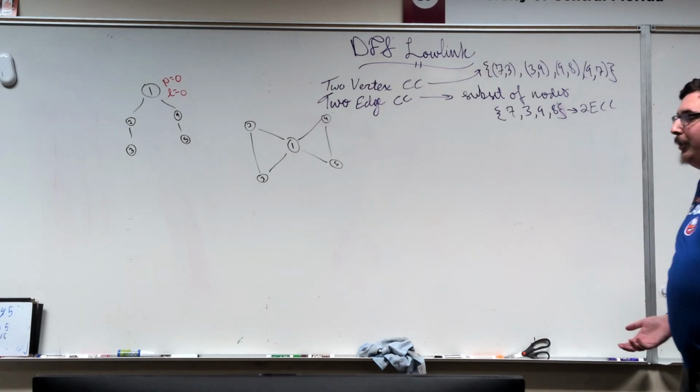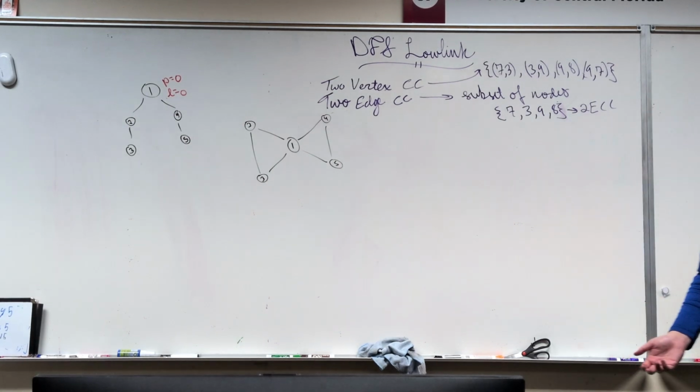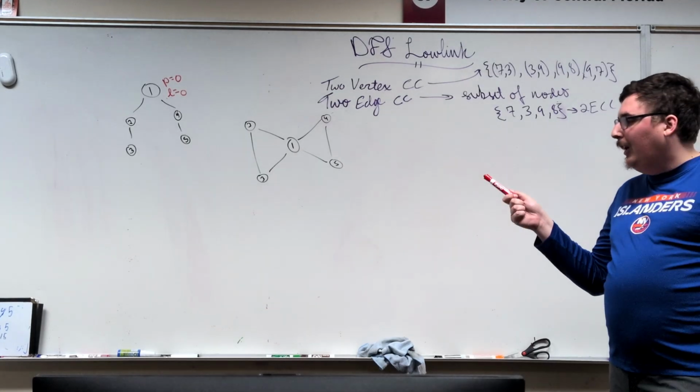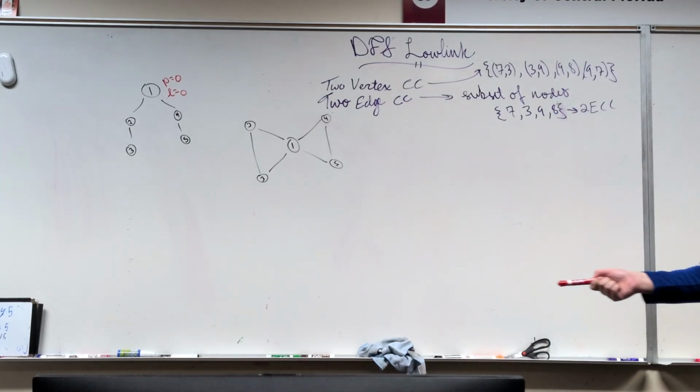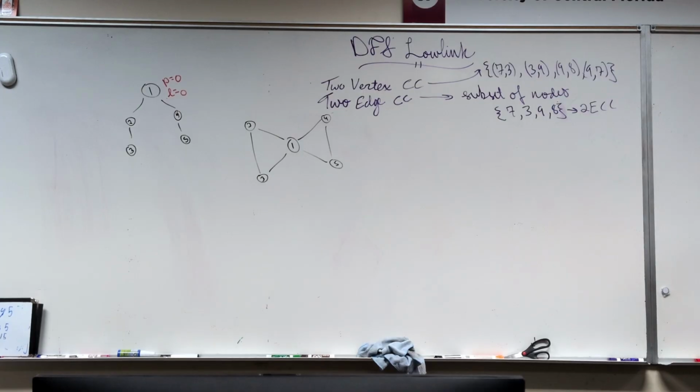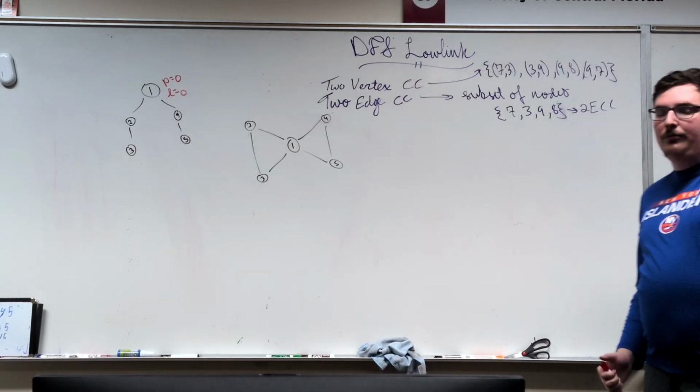Whatever node we start at is always going to have a low link equal to its preorder, which means that we might erroneously mark an edge as a cut edge that isn't actually a cut edge. So when developing these types of algorithms that use DFS Lowlink, it's always important to keep in mind what your starting node is and make sure that you handle those nodes correctly.